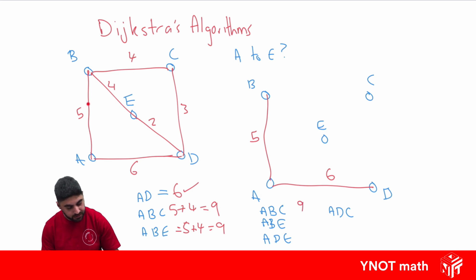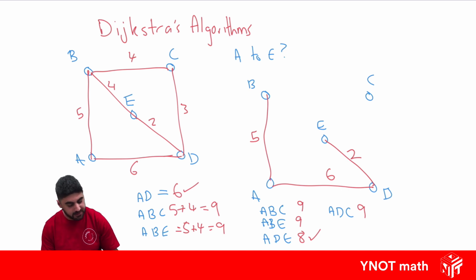A to B to E is also going to give us 9. A to D to E is going to give us 8. And A to D to C is also going to give us 9. So out of all those, the minimum one is the 8, A to D to E, so that's my next edge I need to draw in, of 2.